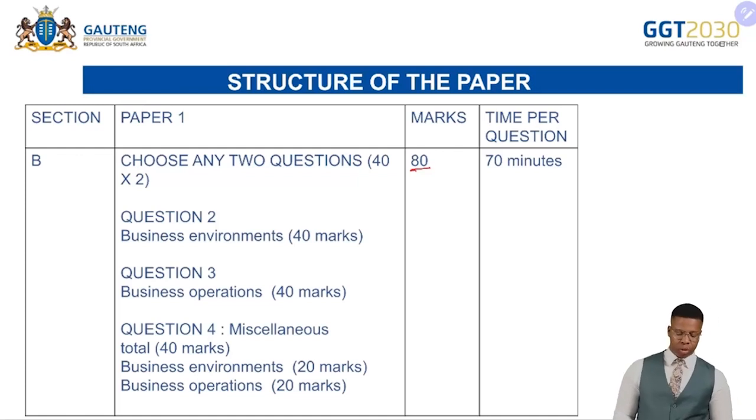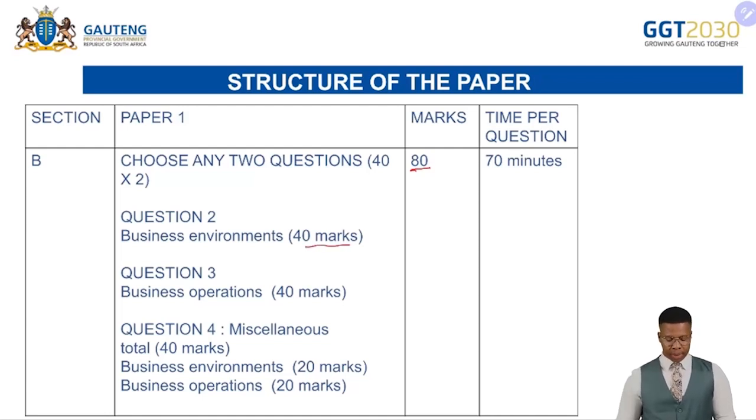So question 2 will look into business environment, meaning question 2 will be having your sectors and their environments, will be having legislation. Remember, we have 8 legislations, and we'll also be having business strategy in your question 2. And the mark allocation there will be 40 marks.